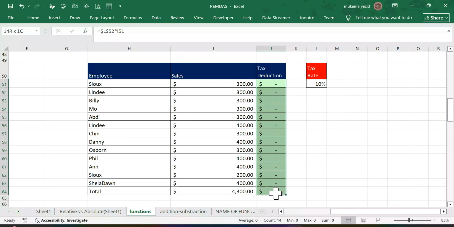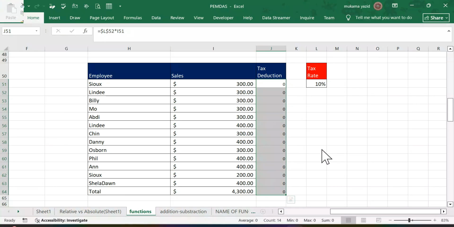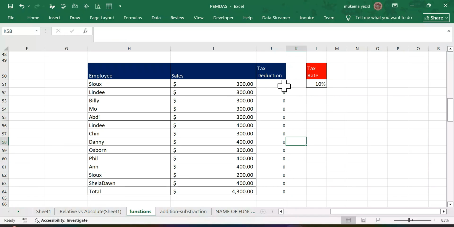Let me first clear the format there. What is the format there? It's like I'm getting 0 there. Let me repeat it. Equals this, lock, multiply by this. This is what I'm supposed to get.